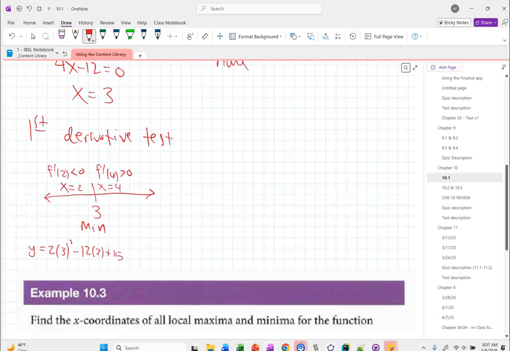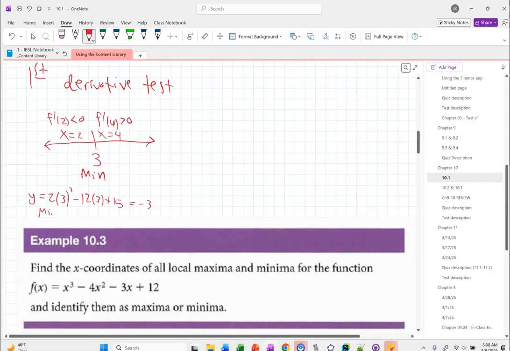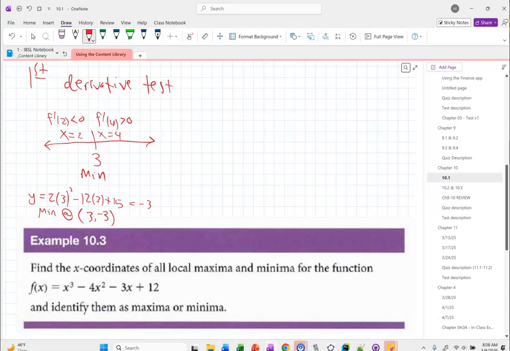So that's going to be 18 minus 36 plus 15, I think, is negative 3. Does everybody feel okay?